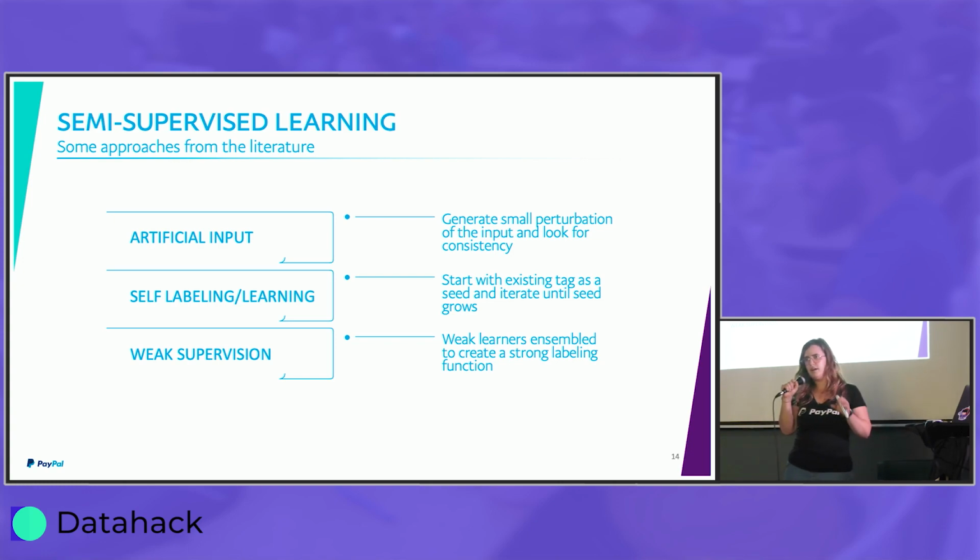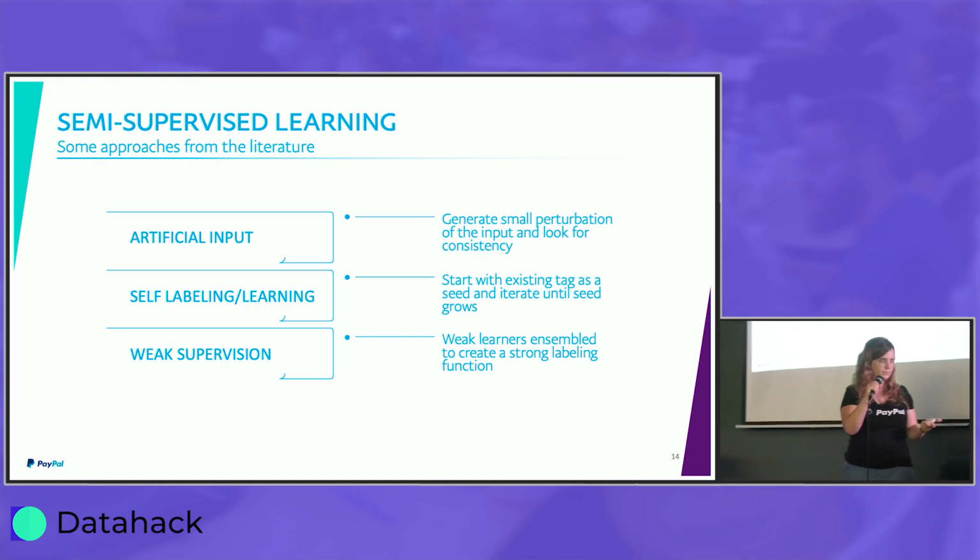You take a seed, the label set you have, you train a model over that seed, and then use the model that you trained in order to label the unlabeled part. This is one approach. Another approach, weak supervision, is where you have weak learners that together can be used as an ensemble to predict over the unlabeled part and determine its label.